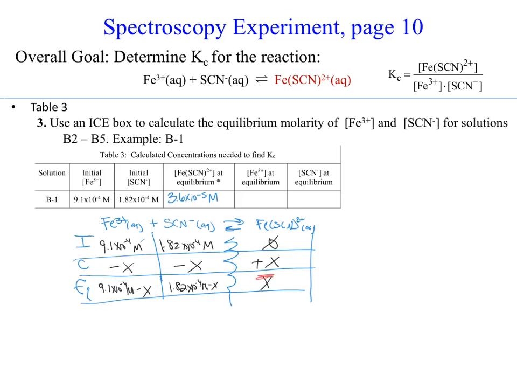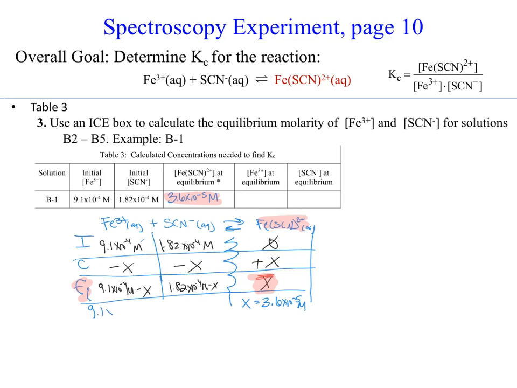How do I find X? I know my product at equilibrium is X, which is this number that I have here.